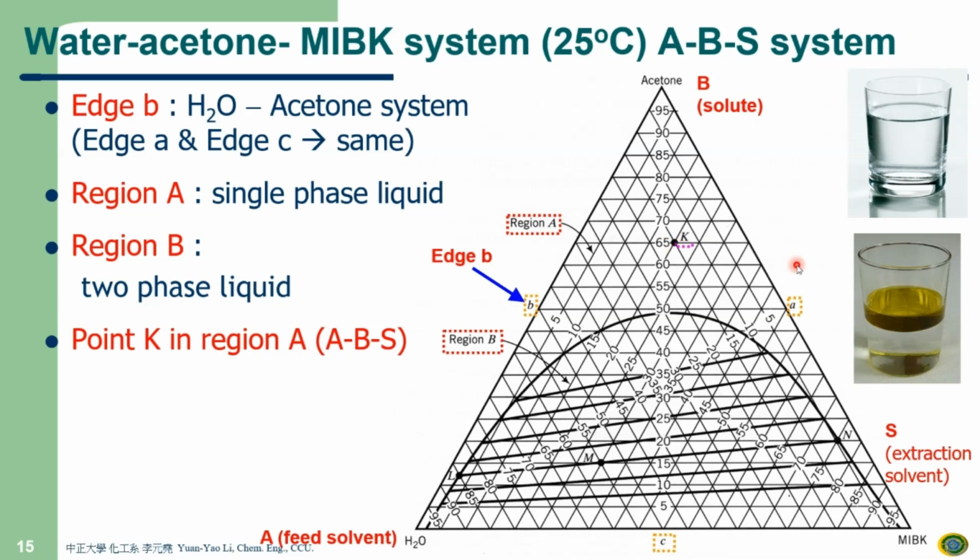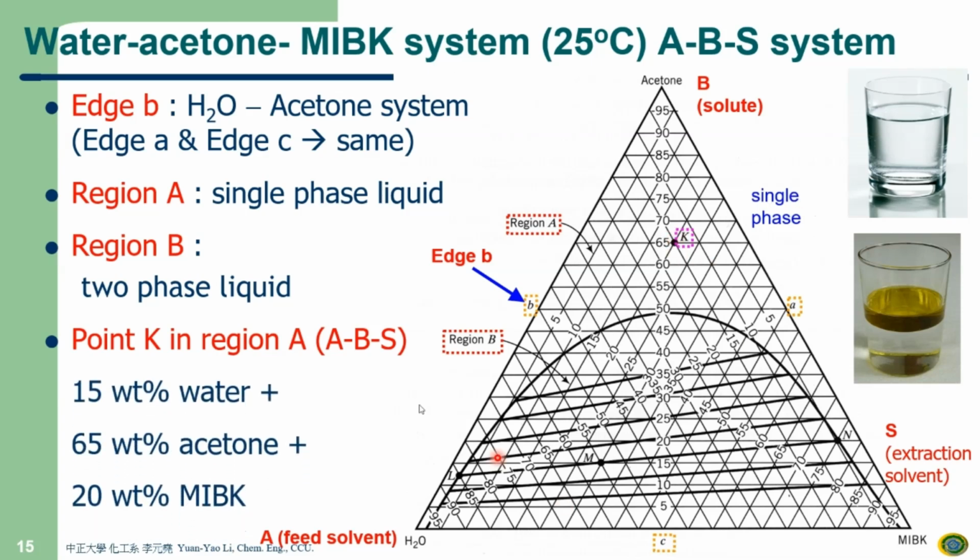This is single phase, right? So if I ask what's the weight percent of the water, I shouldn't say molar fraction. If water is here, you find a line which is parallel, the line phase to the water.